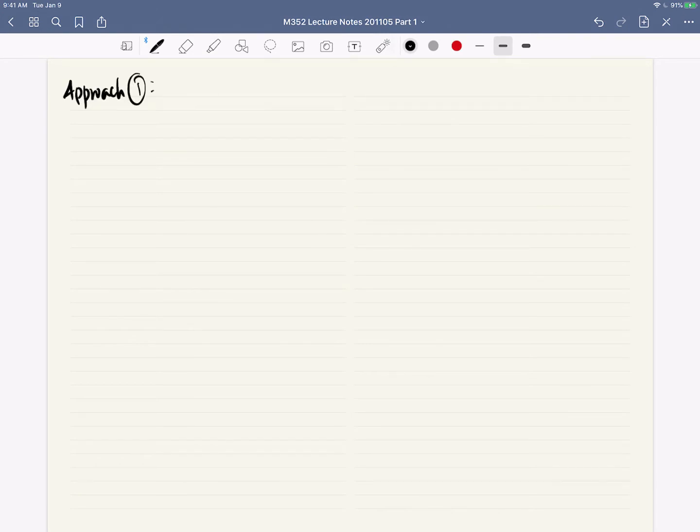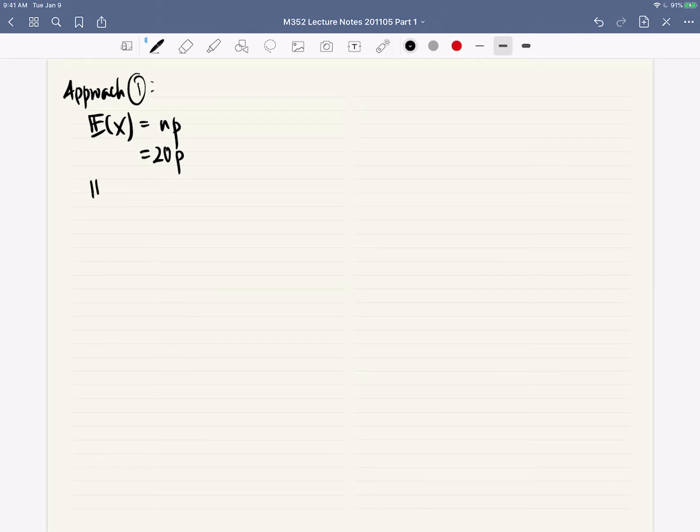So let's take approach 1. On the one hand, the expected value of our random variable, a binomial random variable with parameters n and p, is n times p. In our case, n is 20, so I can write this.